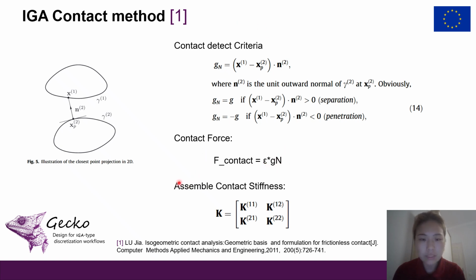When the contact occurs, the two bodies should not penetrate each other. However, their original stiffness matrices only describe their own material deformations, not the resistance to contact between the two models.